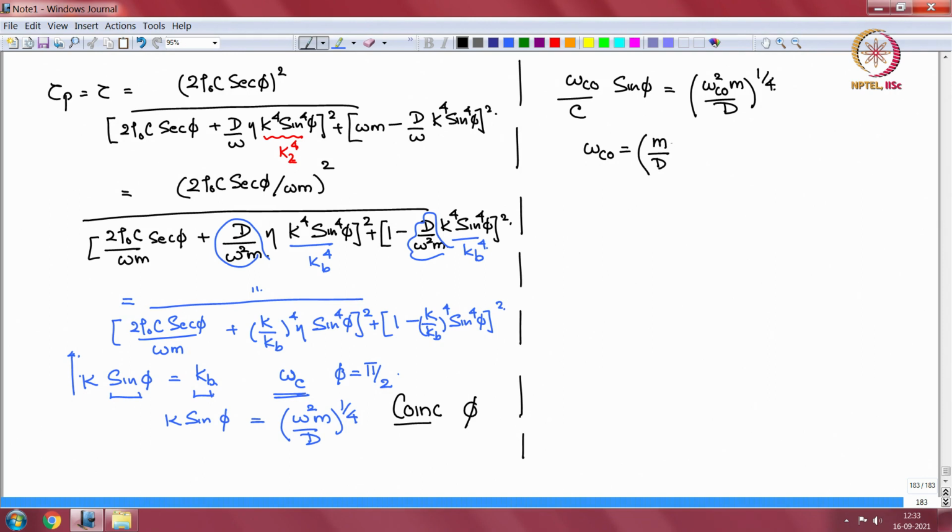M by d goes half, then c by sine phi square. So as sine phi goes down, the coincidence frequency has to go up to give a match with the bending wave number.